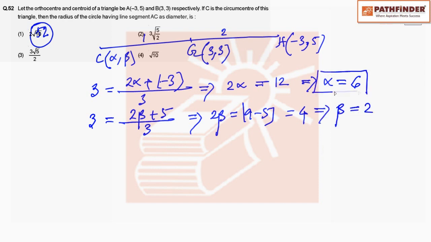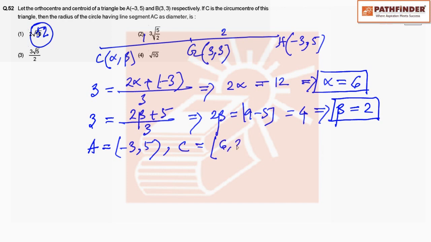So alpha equal to 6 and beta equal to 2 is the circumcenter of the triangle. For the radius of the circle, if it is the circumcenter of a triangle, then AC is a diameter. A is minus 3 comma 5. If AC is the diameter, and C is the circumcenter, which is 6 comma 2.